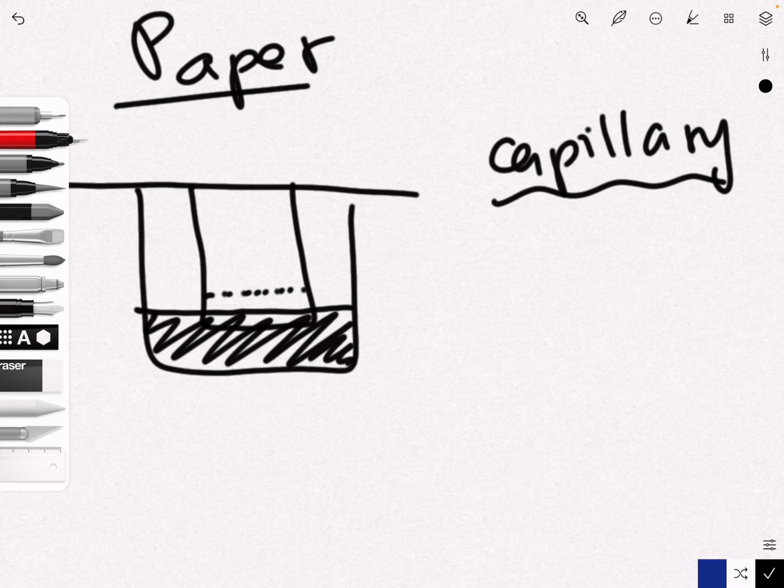Capillary action is the upwards movement of a liquid through a very slim, very small tube. This is made possible because of the intermolecular forces present in your mixture, affecting its solubility.